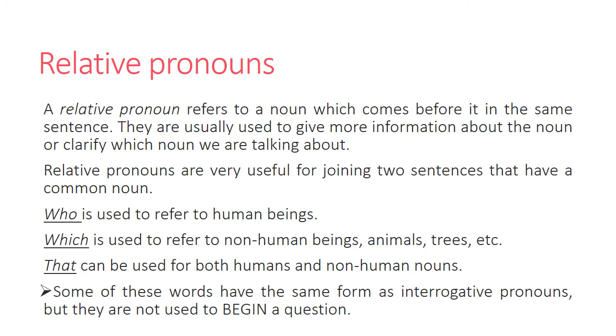We came across these in the previous slides: who, which are also interrogative pronouns, but they are not used to begin a question here. If the sentence begins with who, it is an interrogative pronoun, but if it is used in between to connect the sentence or with a noun, it is a relative pronoun.